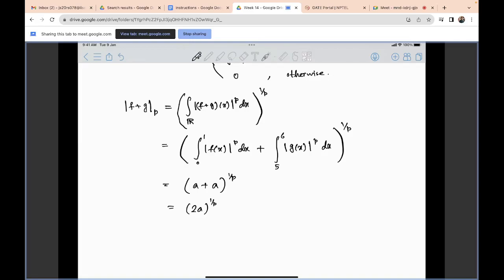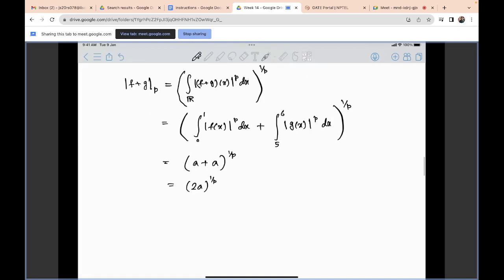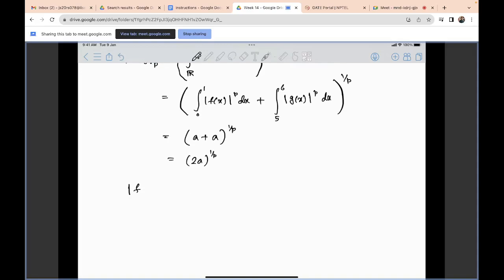So for the norm of f plus g we have got (2A)^(1/p). And what is the norm of f plus the norm of g? This is the integral over R of |f(x)|^p dx to the power 1 by p, plus the integral over R of |g(x)|^p dx to the power 1 by p.